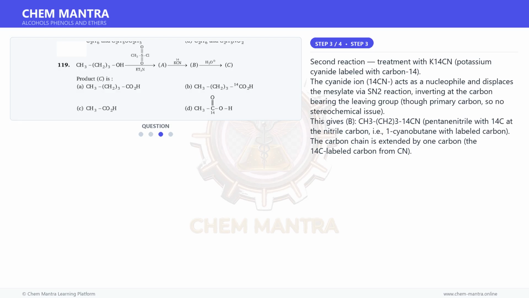This gives B, CH3(CH2)3-14CN, pentanenitrile with 14C at the nitrile carbon, i.e., 1-cyanobutane with the labeled carbon. The carbon chain is extended by one carbon, the 14C-labeled carbon from CN.